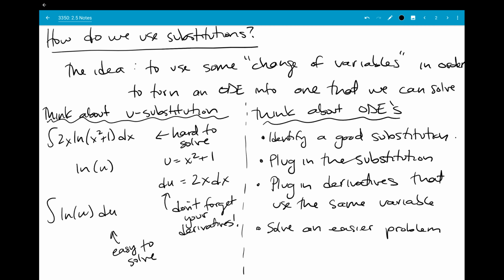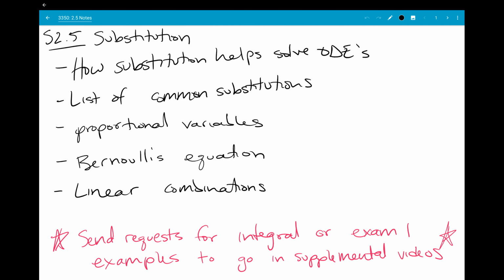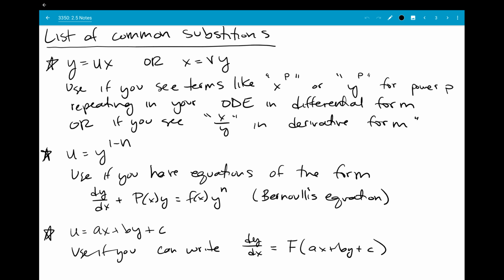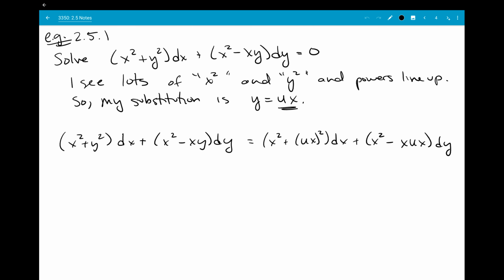So I picked my substitution and then I plugged it in, just like your first step of u substitution would be to say what u is going to be and then make that change. But I can't forget to do the second thing, which is replace my derivatives. I got rid of all my y's, so it's bad that I have a dy left over.